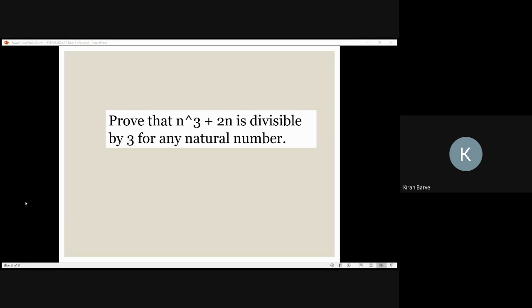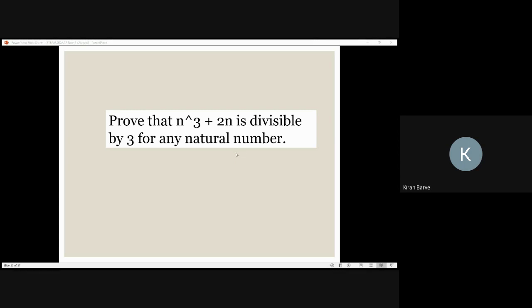Now, what about those who have remainder 1 when divided by 3? That is like 4. So 4 cube is 64 plus 8, which is 72. It is divisible by 3. Now 7 cube, 343 plus 14, is divisible by 3. But how long will I check?